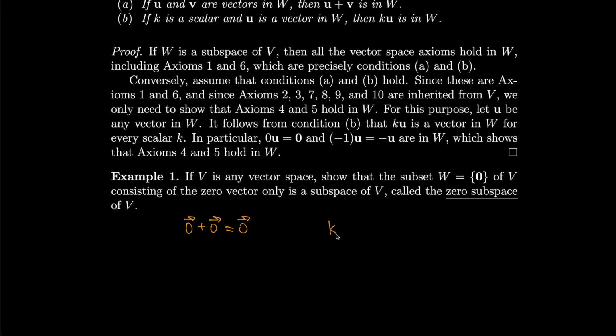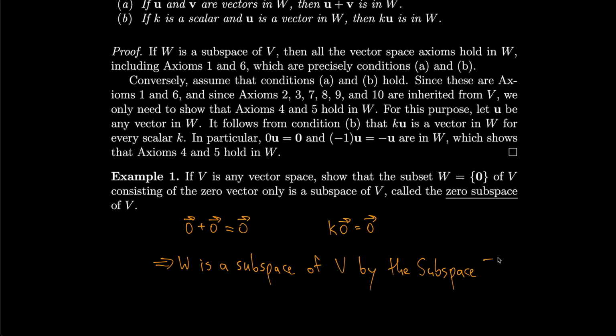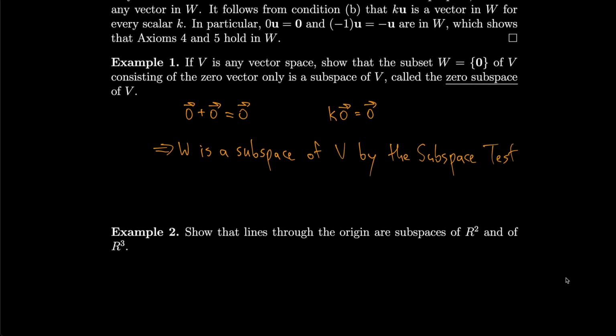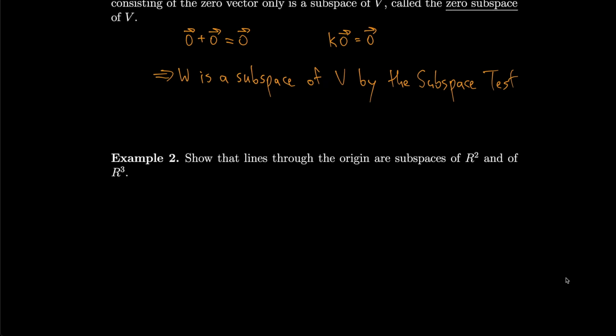And now we'll check the scalar multiple, but any scalar times 0 is 0, so both of those are in W. So that means that W is in fact a subspace of V by the subspace test.